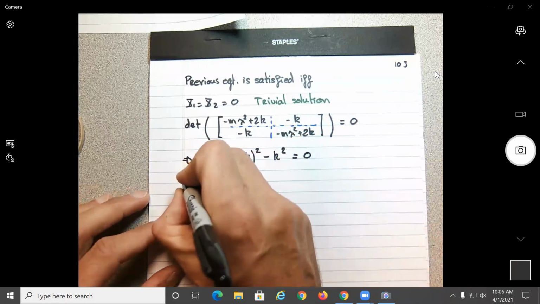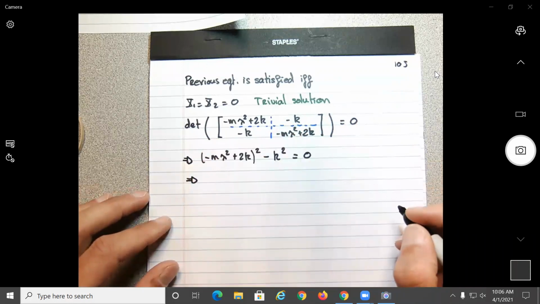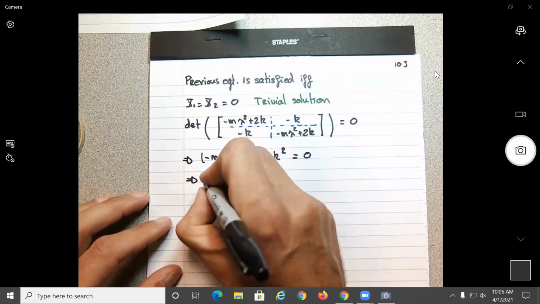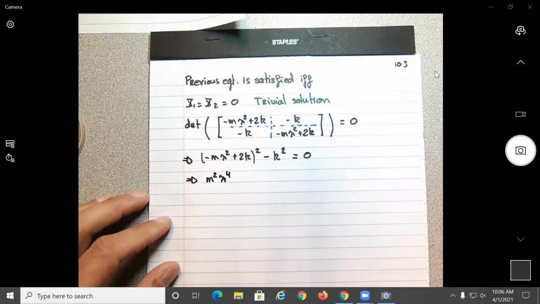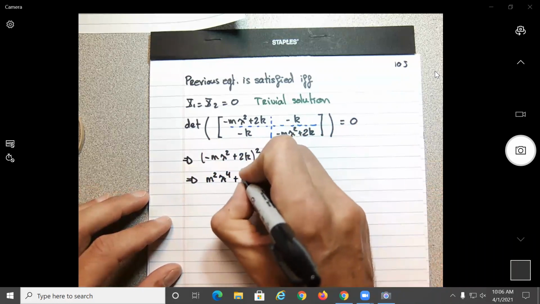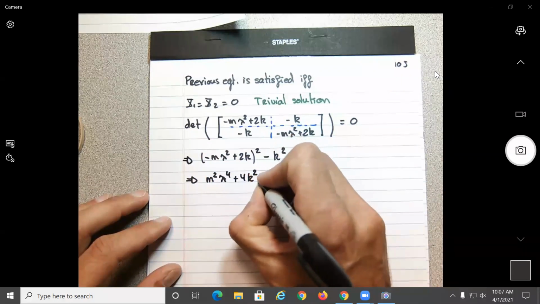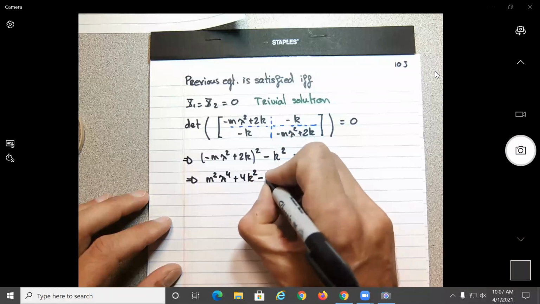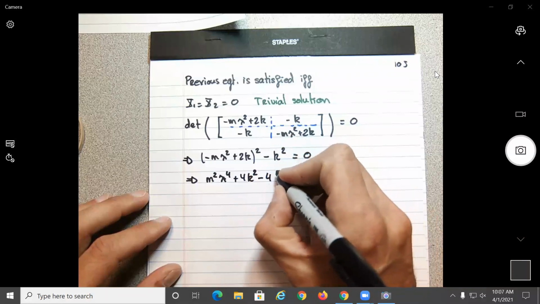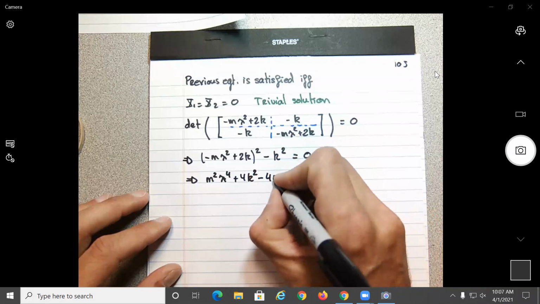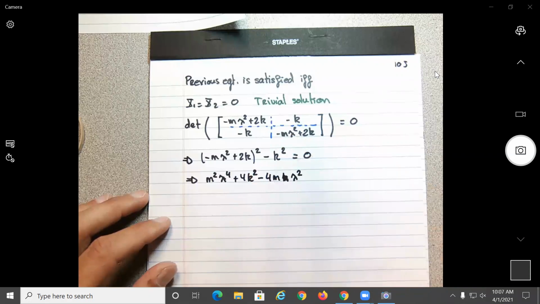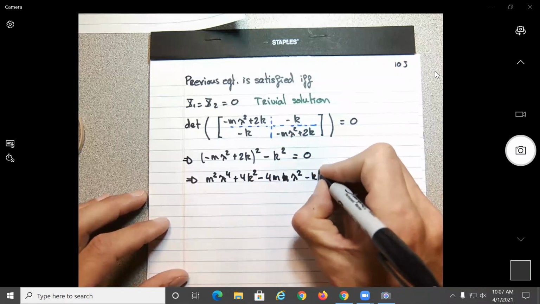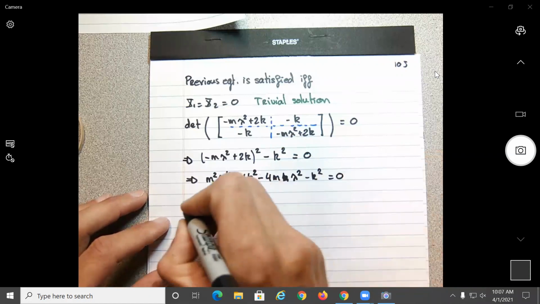All right, so let's do the algebra over here. So this should give you what? m squared lambda to the 4th plus 4k squared minus 4mk lambda squared minus k squared equal to 0.